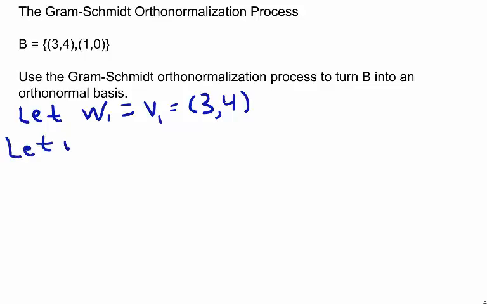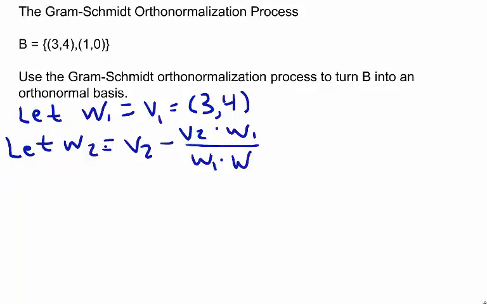And let W sub 2 be equal to V sub 2, our second vector, minus the dot product of V sub 2 and W1 divided by W sub 1 times W sub 1, in other words, the dot product of W sub 1 with itself, all times W sub 1.